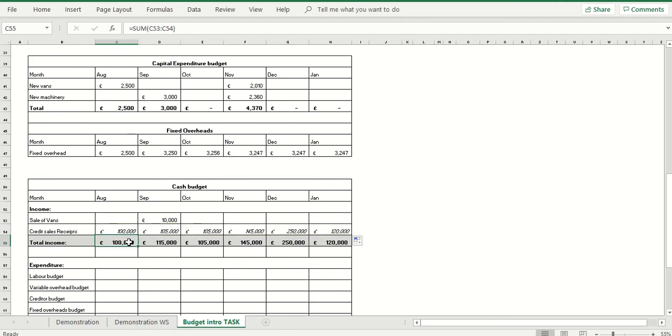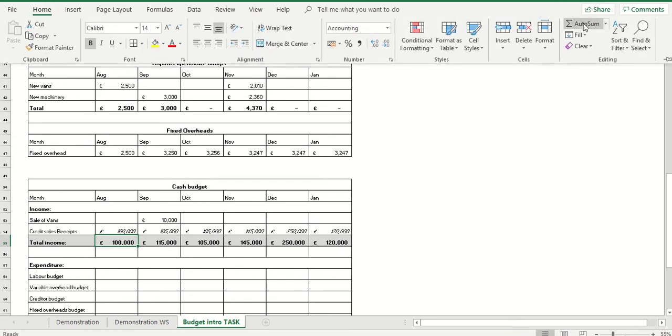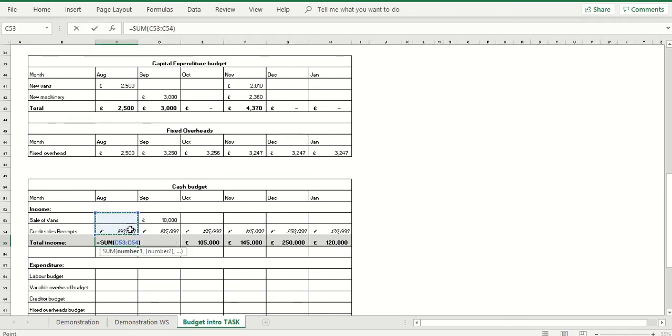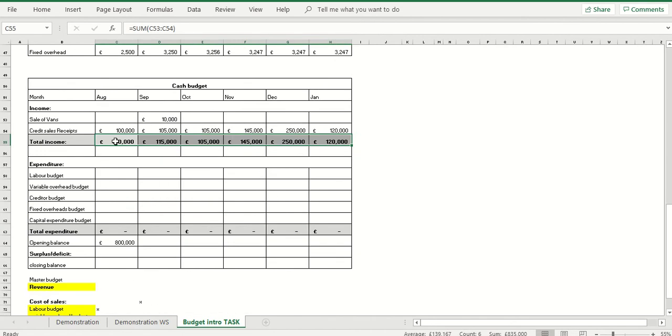For the total income, we can add these two together. So go to Home, AutoSum, add each item together, click enter, and drag it across. It's going to give you the same thing. This doesn't look great on the screen, so I'm just going to change it to that. So here we can see our total income for each of the months, money physically being paid into our bank account.